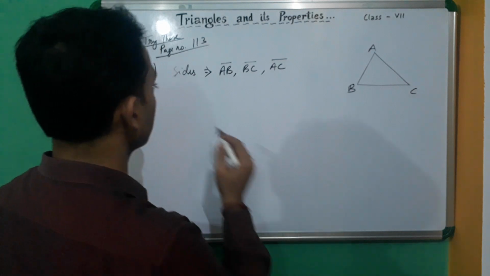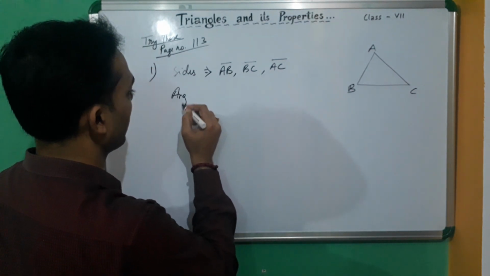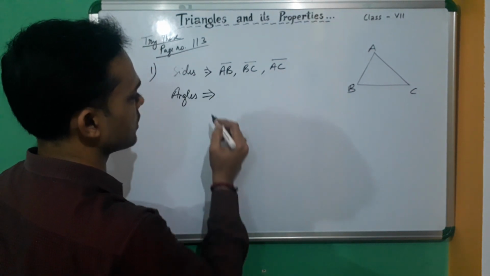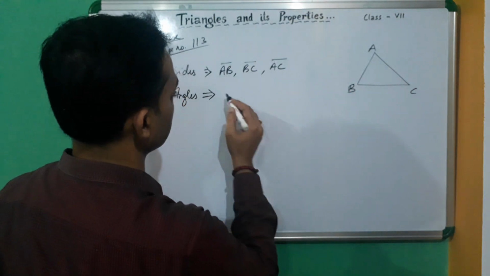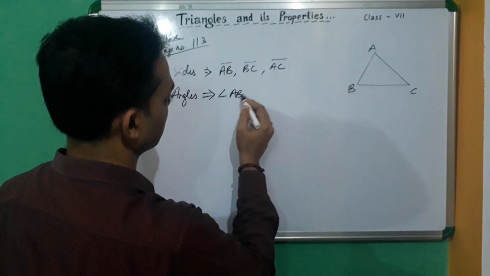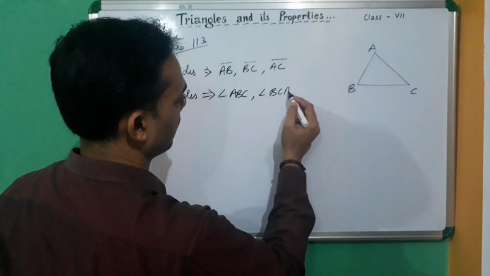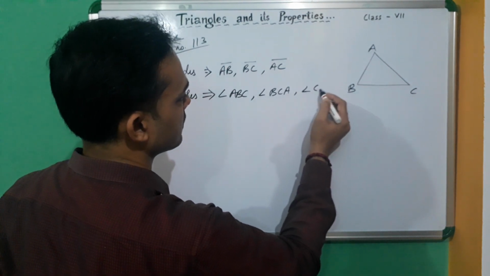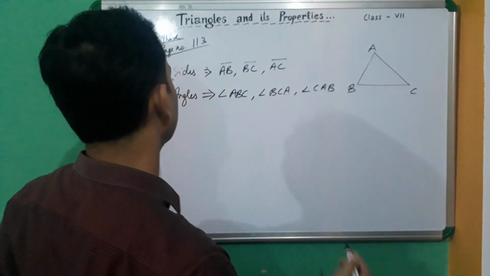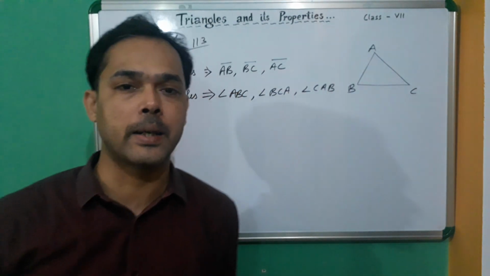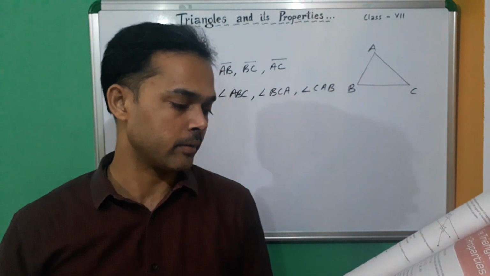If we talk about angles, those elements are angle ABC, angle BCA, and angle CAB. So these are the 6 elements of a triangle.